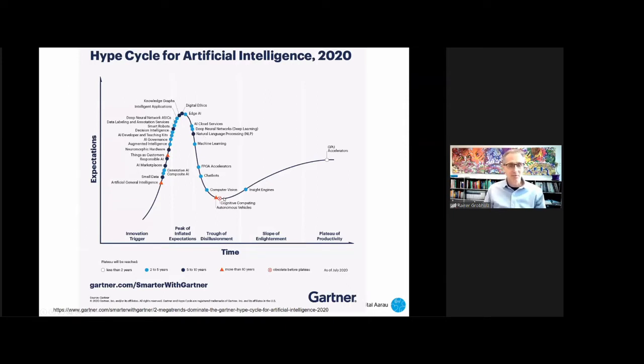And finally, we come into a slope where it all adapts and we can use it properly. I think in terms of AI and digital pathology, we're somewhere around here. We have many adopters right now and very enthusiastic people, and we're probably coming soon to this part of the curve as we see that the problems we're facing are not that easy to manage.